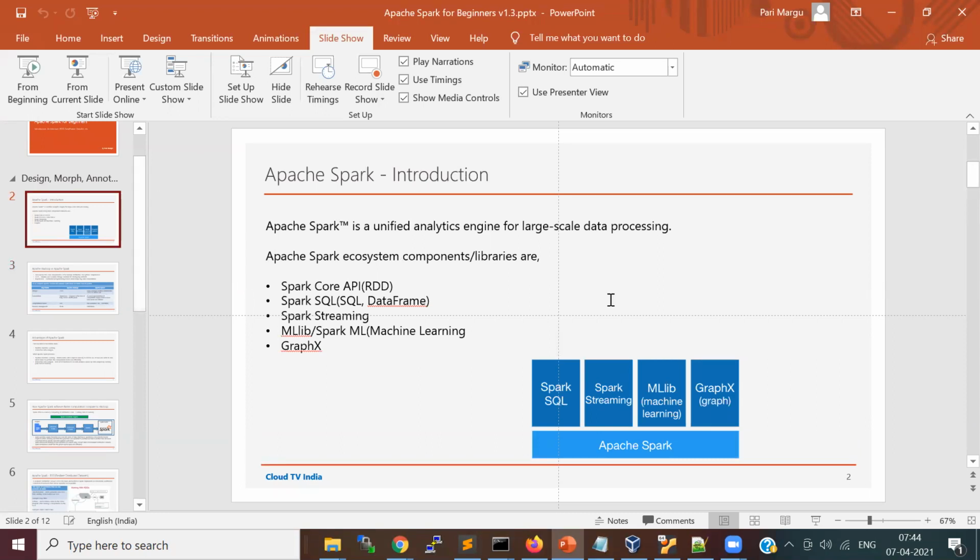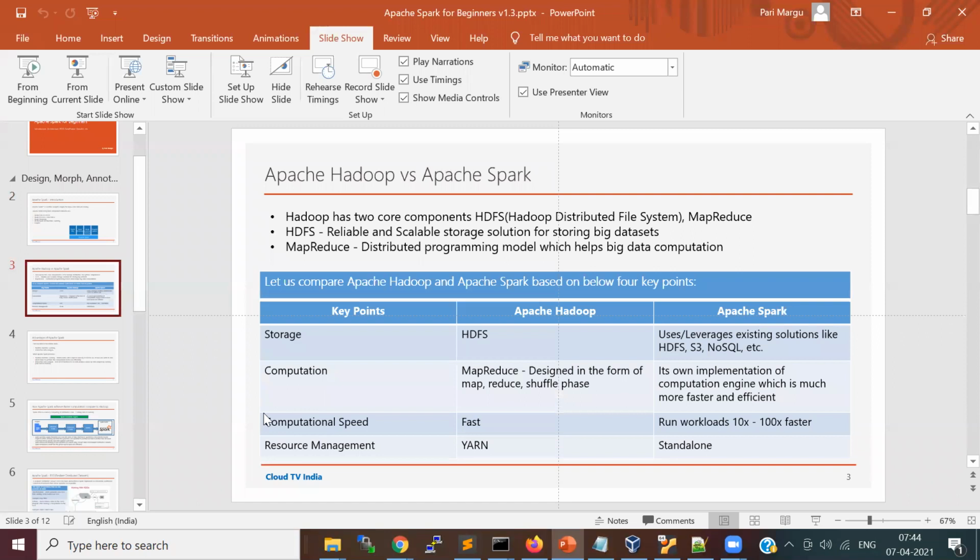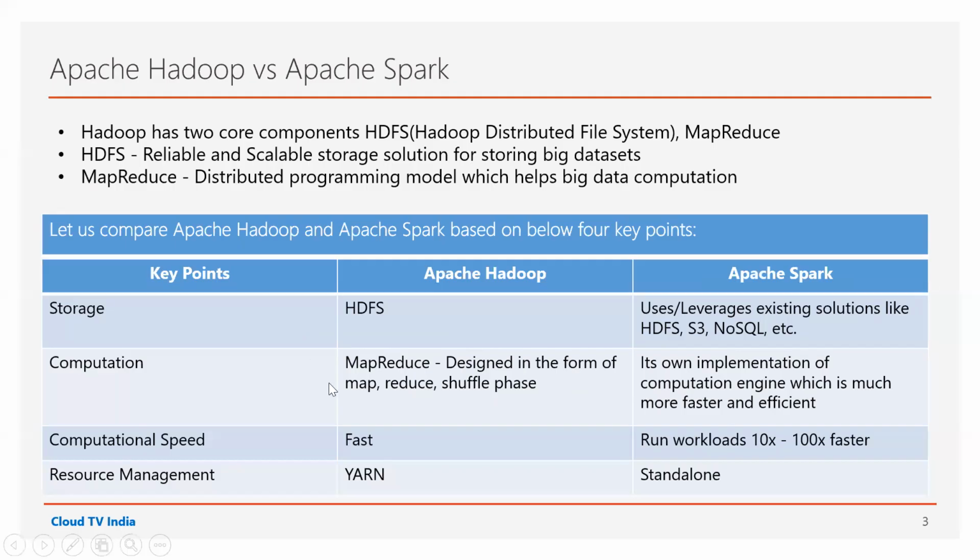Apache Spark is a unified analytics engine for large scale data processing. It has these ecosystem components, which we already saw. At a high level, what is the difference between Hadoop and Spark? Hadoop is meant for both distributed storage and distributed processing. For storage, it has HDFS.